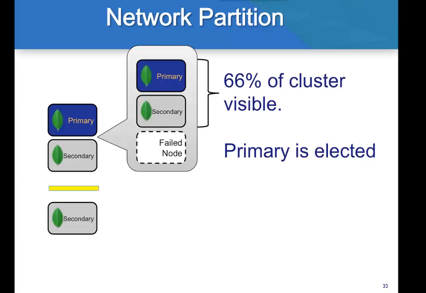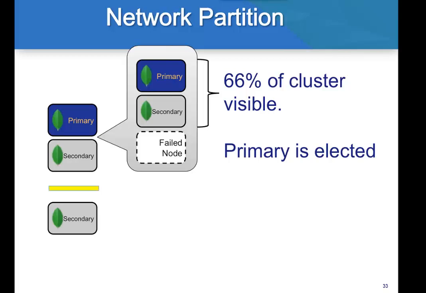From the perspective of the 2 nodes above, that secondary node below the yellow bar has failed. When they try to contact it, ping it, ask it for its status, it's not there. So from the perspective of those 2 nodes, it's a failed node.